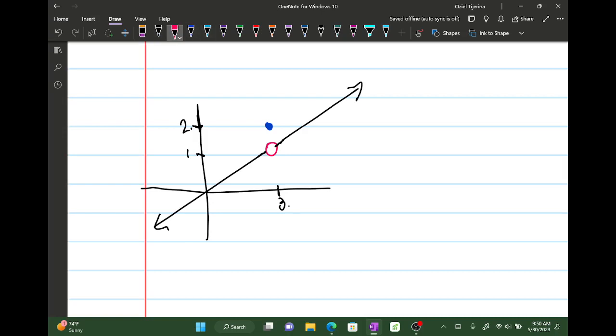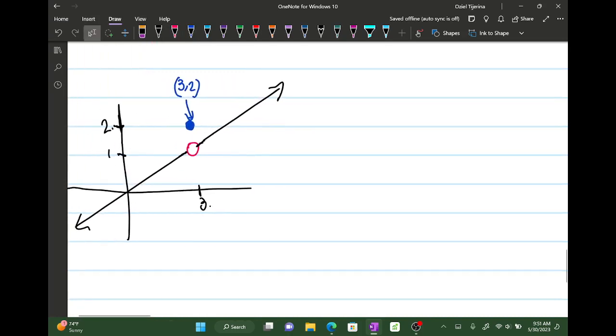We don't know what this one is, but we know that this point right here is really defined by 3 comma 2.